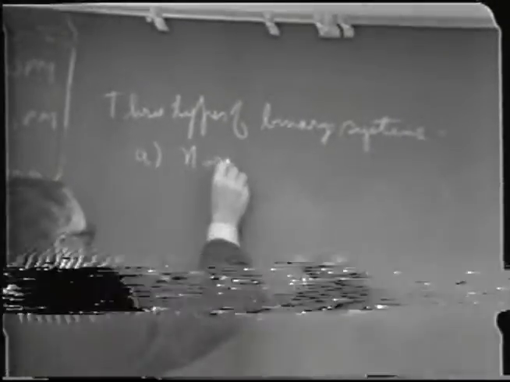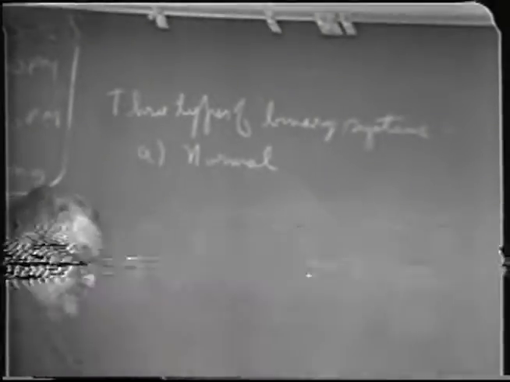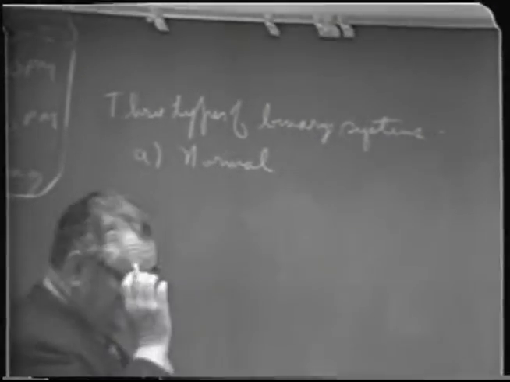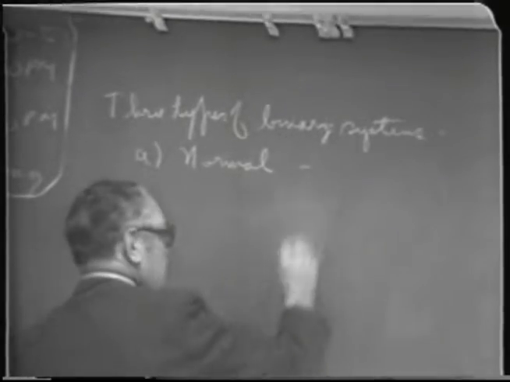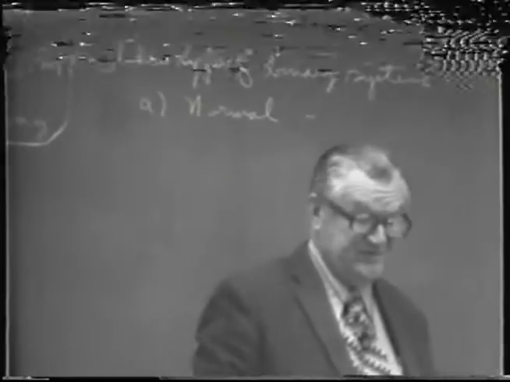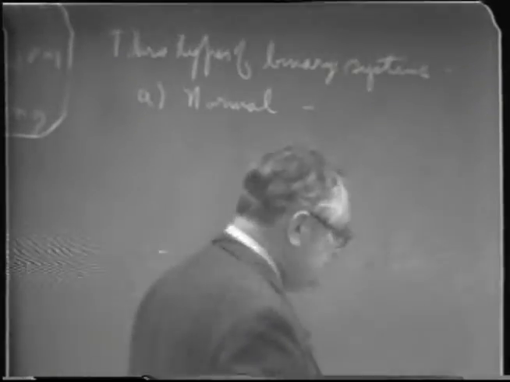The first of which we can refer to as a normal system, one in which the components are soluble in all proportions, or as we say, miscible in all proportions, or mutually soluble.